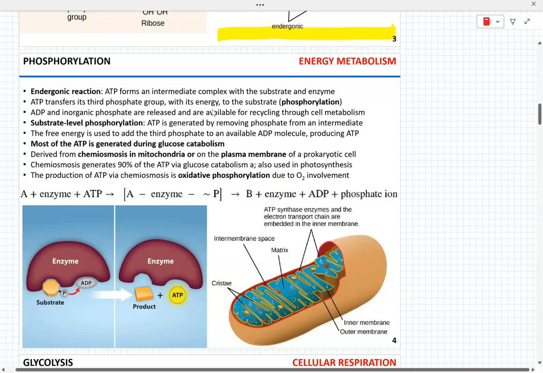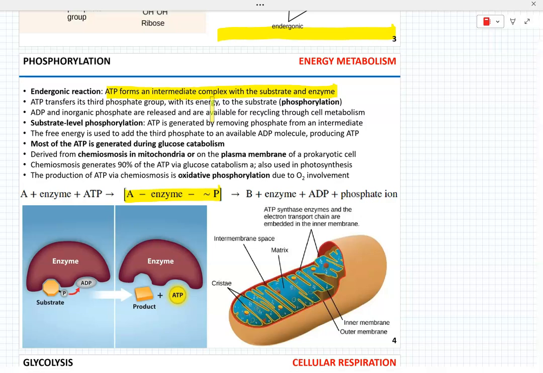In endergonic reactions, ATP forms an intermediate complex with the substrate and the enzyme at the same time. You can see it here. And it transfers the third phosphate group and the energy associated with it to the substrate, phosphorylates the substrate, and then ADP and inorganic phosphate are released and available for recycling.